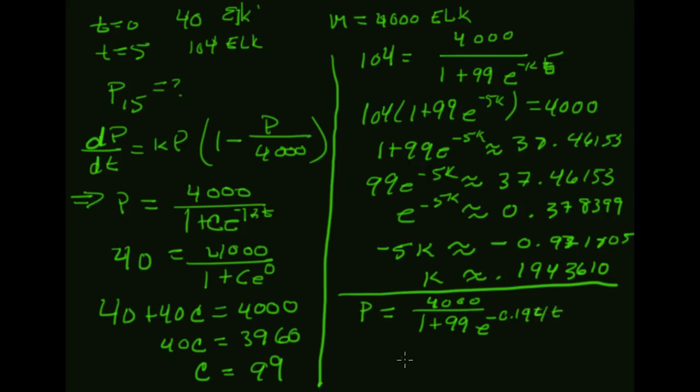And if you put 15 in there for the t, you're going to get approximately 628.538. So about 628 elk after 15 years, right? So it'll be the end of the 15th year. So there you go. We've just used this to estimate a population.